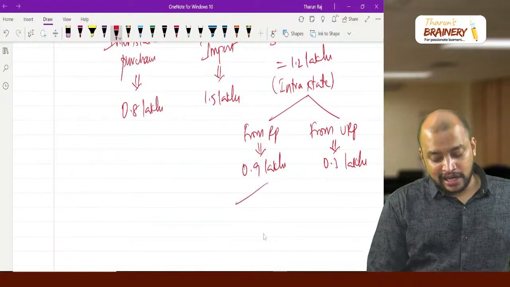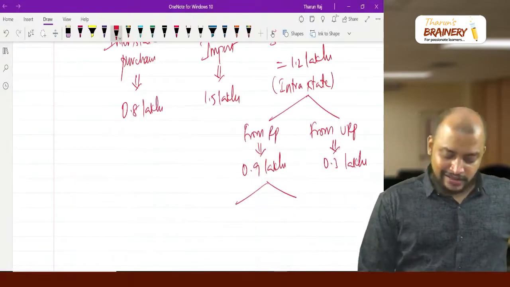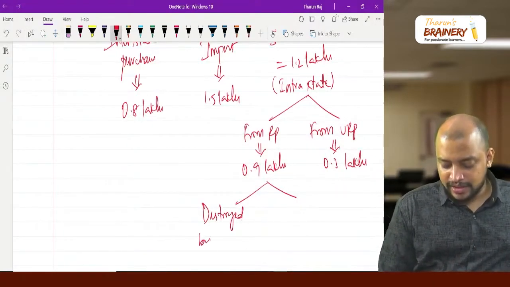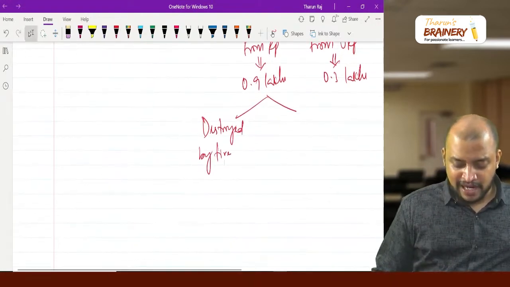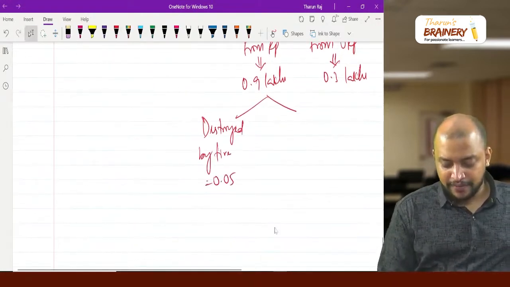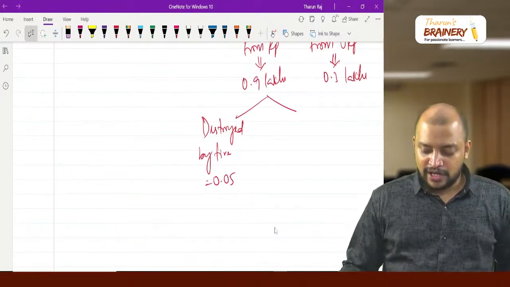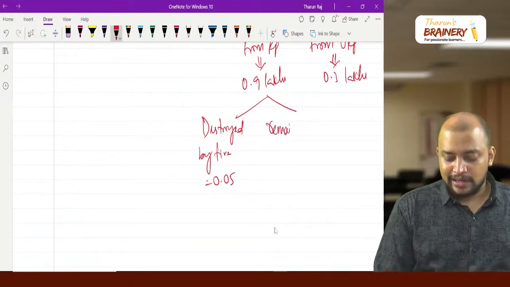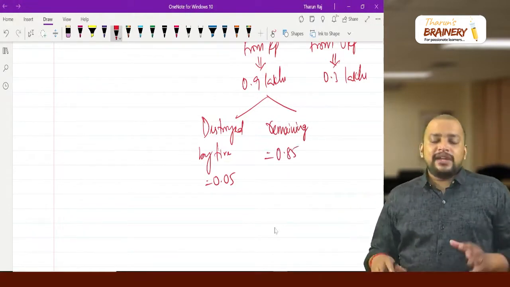In that 0.9 lakhs, 0.05 lakhs is destroyed by fire. So 0.9 minus 0.05 is 0.85. So the remaining is 0.85. So this is the data that we have.